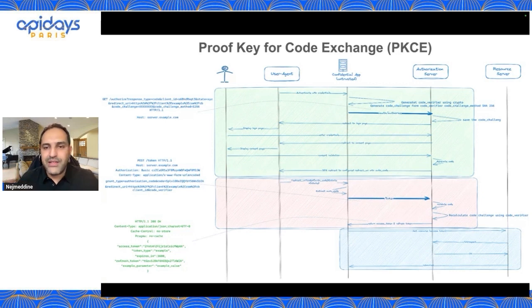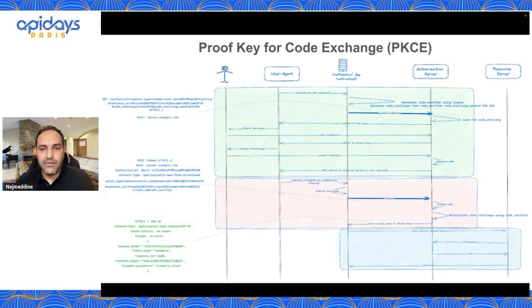We will replace it by using what we call the code challenge and the code verifier. For that, the confidential and trusted application will just generate a code verifier using a crypto library, and after that generate a code challenge from the code verifier using a challenge method.